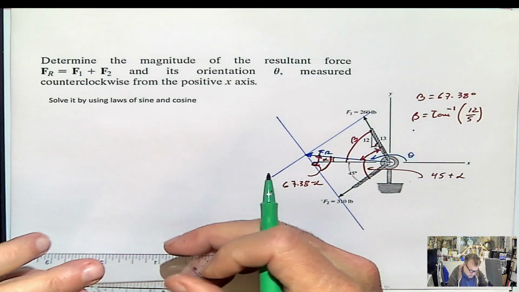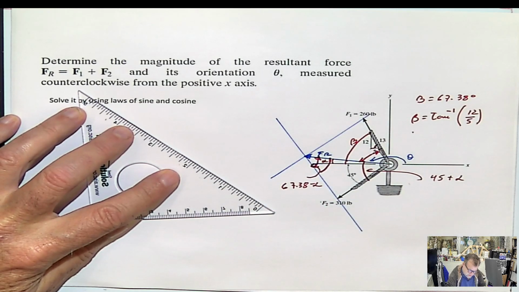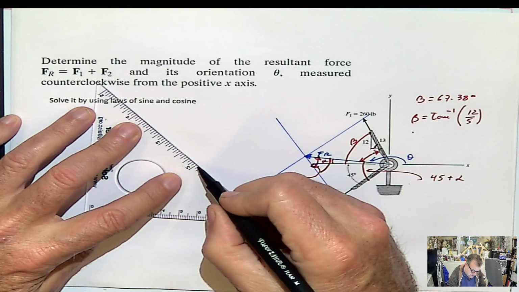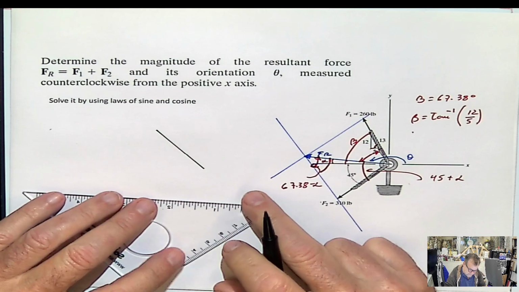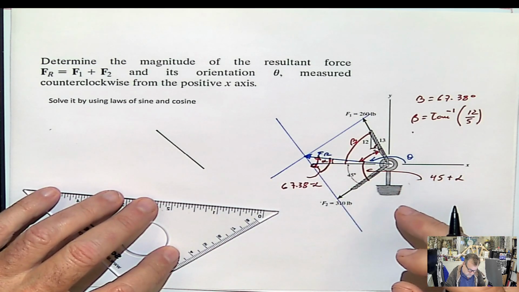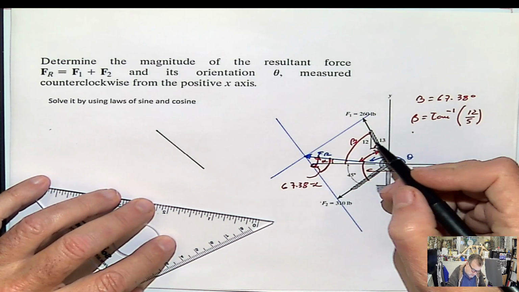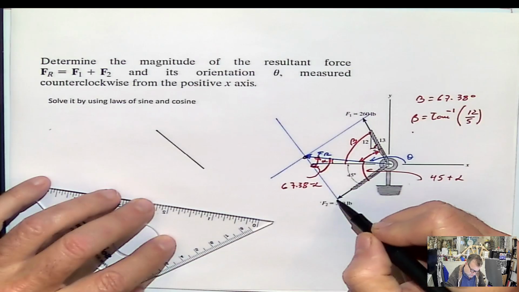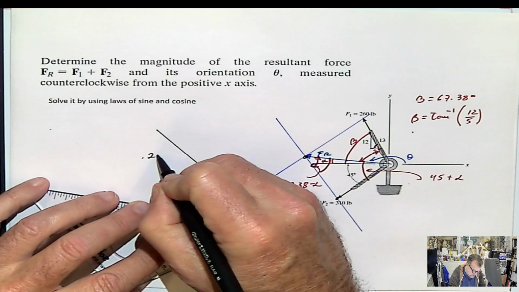Now we can draw that triangle separately, just to simplify the drawing that we have here. So let's try to do that. This one here is 260. So then this part from here to here, which is that one, will be 260.